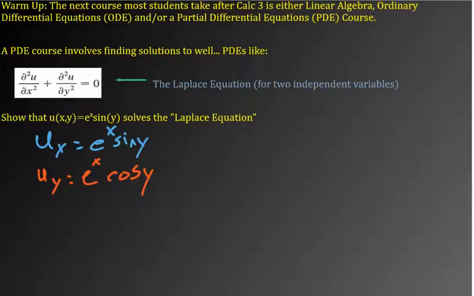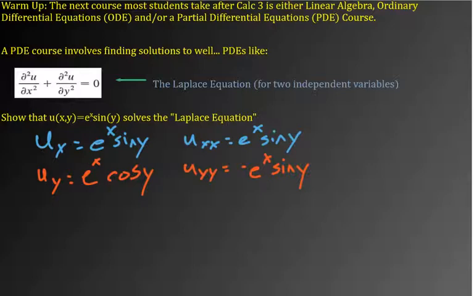And we also need the second order partials, so we're going to need uxx. And so here you just would get the exact same thing because e to the x is not going to change. But then when you do uyy, you're going to get negative e to the x sine y, just the derivative of cosine there.